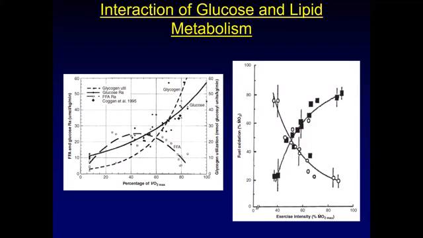You walk for an hour, 3.5 miles, burned 350 calories. 80% of 350 is about 260 calories from fat.